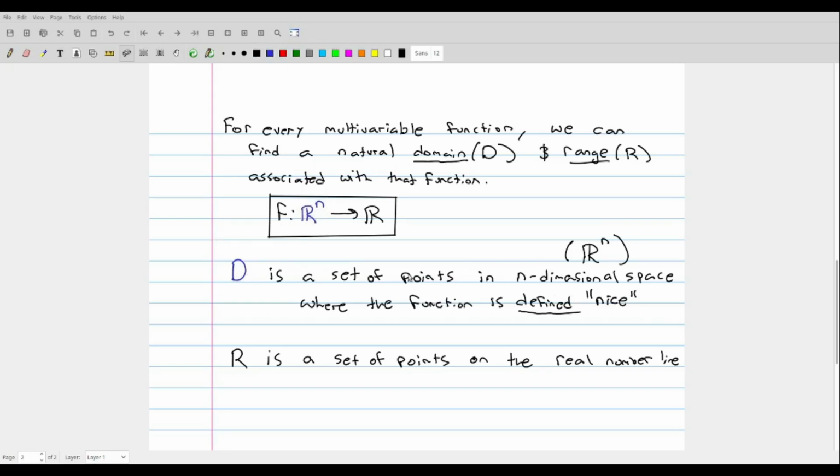It's a set of points where the function is defined. And the range of a function relates to where we're mapping to. In this case, we're mapping into the real number line. This is a set of points on that real number line, or a subset of the real number line where f maps to, or better yet, a set of points that get hit by f.